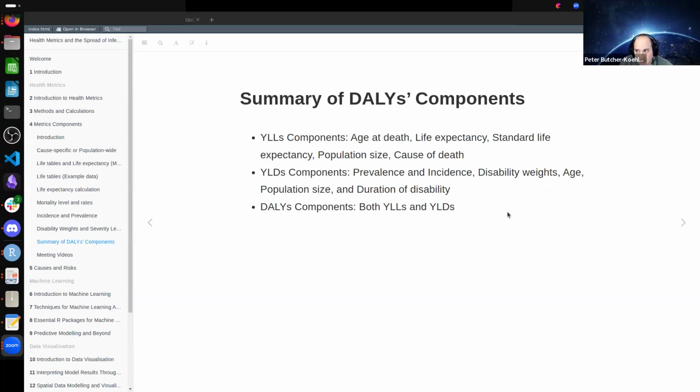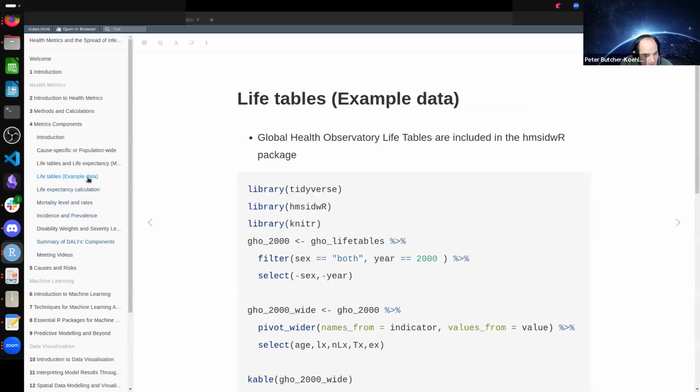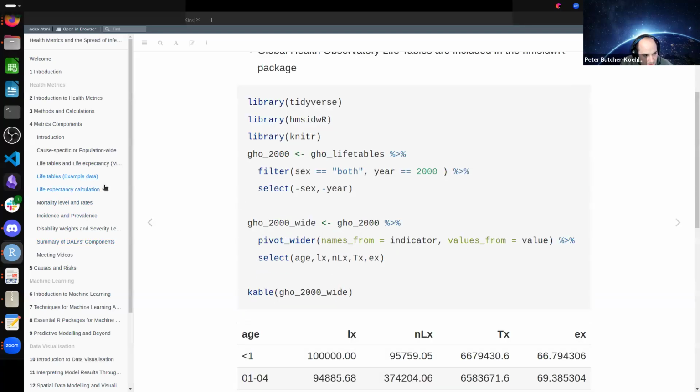So in terms of, oh, I remember a question. In terms of disability weights, in this book, are we mostly using, like, are there multiple sets of disability weights that we're using?